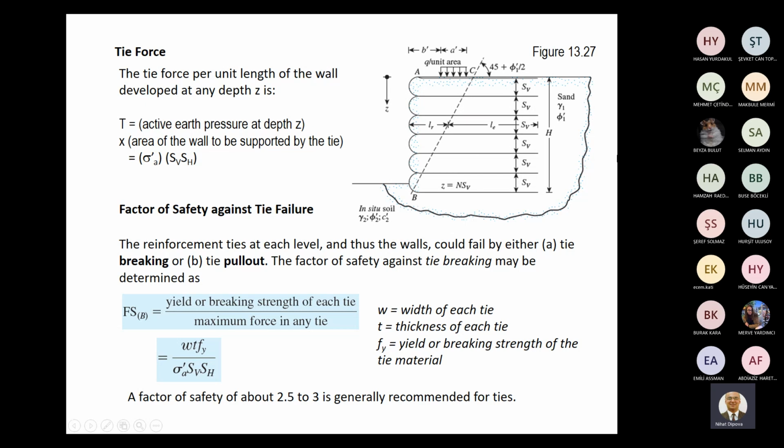The factor of safety against tie breaking may be determined as a safety factor. 2.5 to 3 is satisfactory for breaking. Safety factor for breaking equals breaking strength of each tie divided by maximum force.